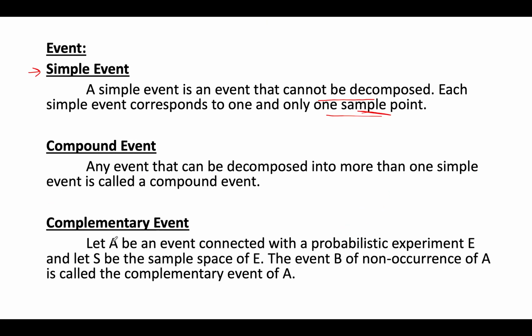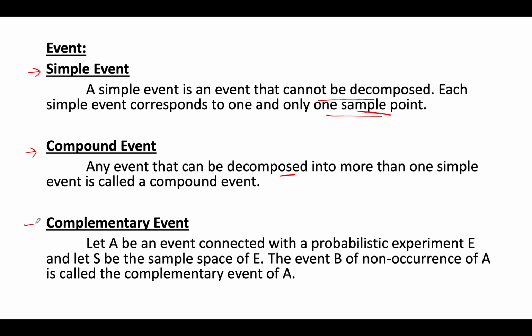All right? Okay. A compound event is the opposite of a simple event, which means I have an event that can be decomposed into more than one simple event, and we call it a compound event. We will see an example on the next slide.